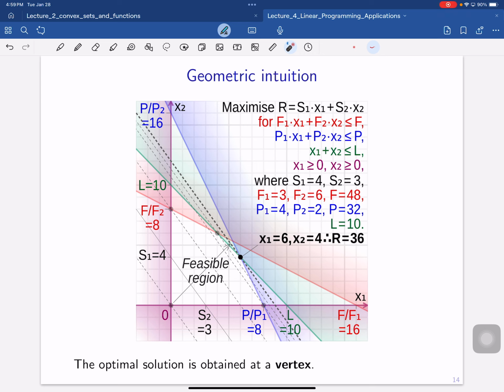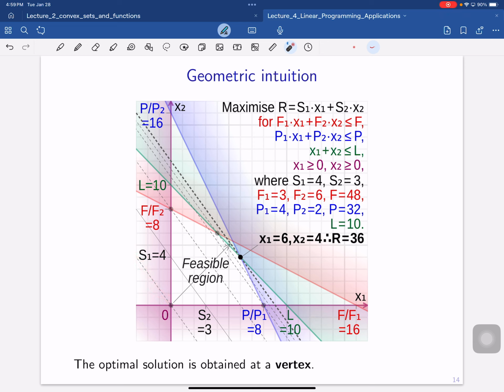Here, I'm showing some contour curves of the objective function, right? As this contour curve goes in this particular direction, the objective is going to increase, right? So the points on this curve will give you the same objective value, right?